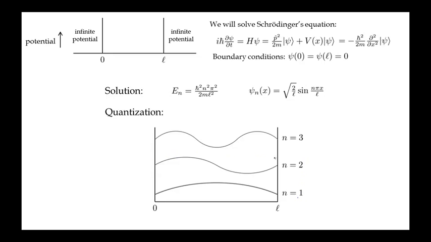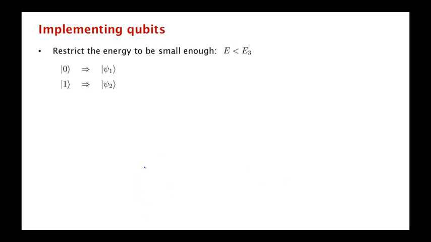Okay, so we can confine it to have low energy, and we can call this n equal to 1 state the 0 state, and the n equal to 2 state the 1 state. Right? And so in general, our electron will be in a superposition of 0 and 1, and so we'd have implemented a qubit.